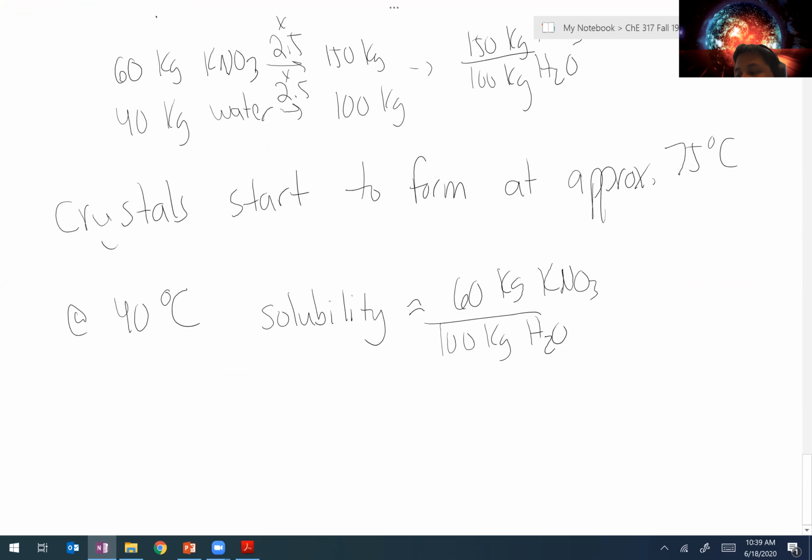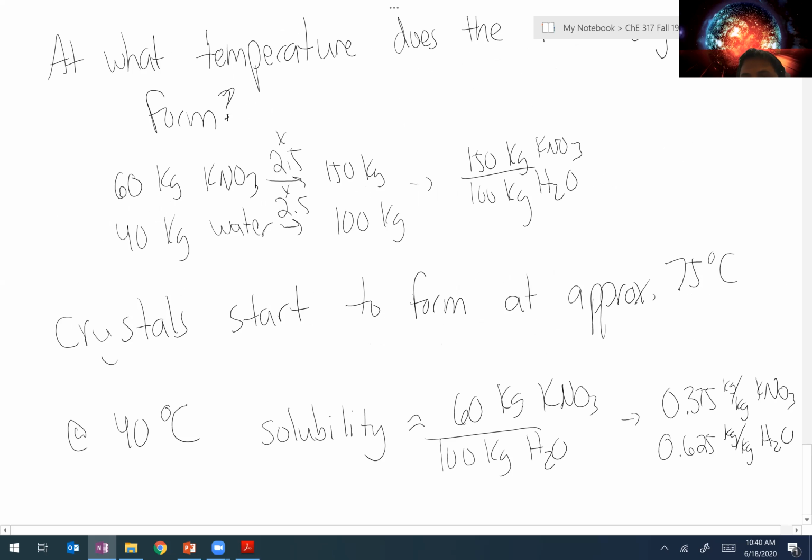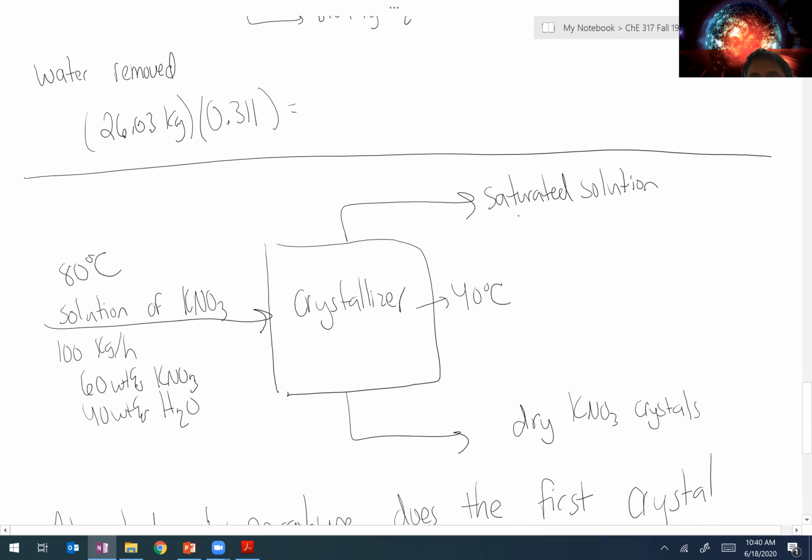It would just be 60 over 160, or about 0.375 kilograms per kilogram potassium nitrate and 0.625 kilograms per kilogram water. So I have 0.375 potassium nitrate and 0.625 water in that saturated solution leaving the crystallizer.